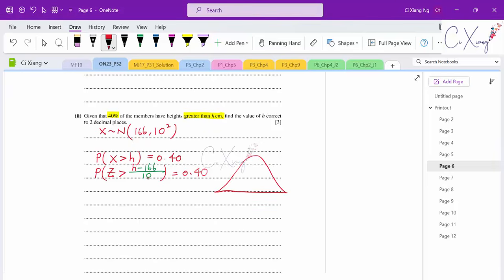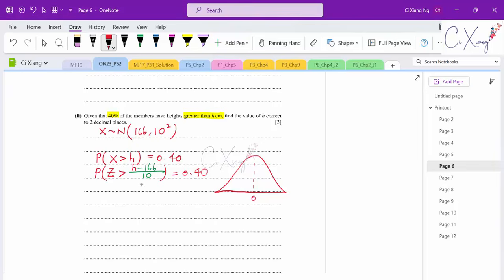Let's say this is a normal curve and 0 is at the center. Anything less than 0.5, I call a small area. Anything more than 0.5, I call a large area.